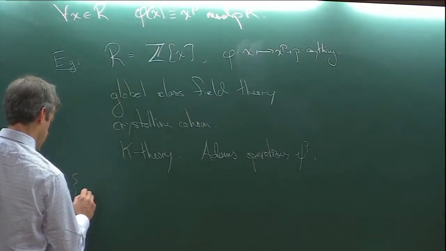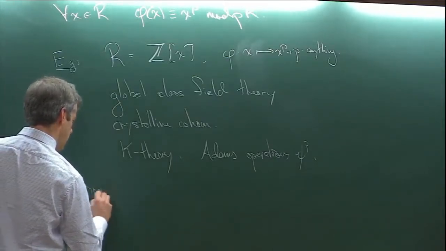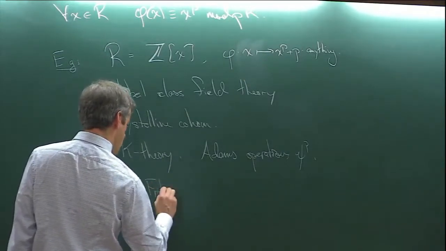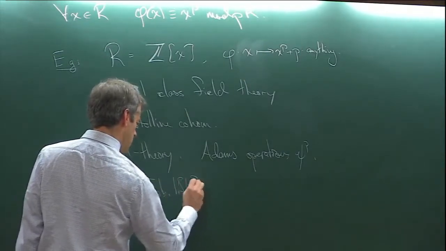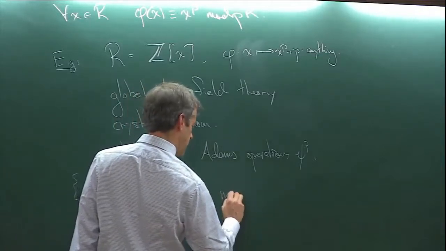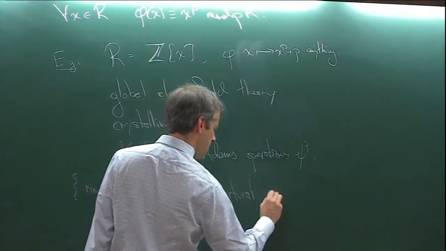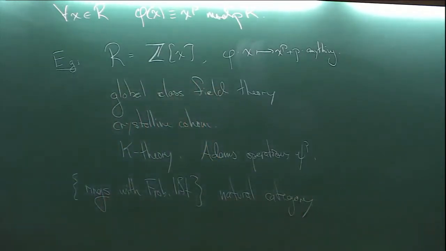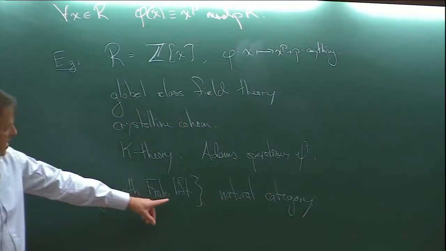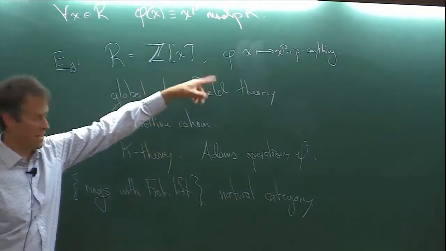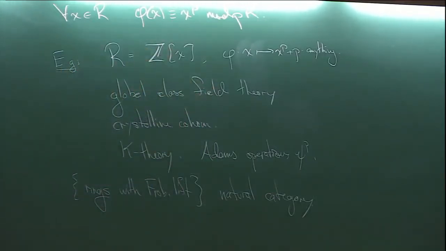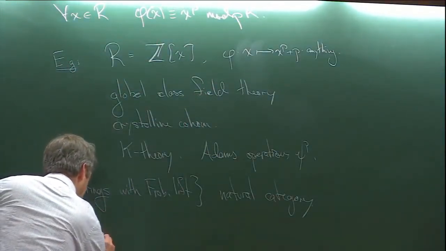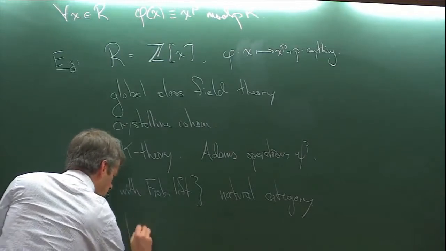You can look at the category of rings with Frobenius lift. This naturally forms a category. By that I mean the morphisms are just ring homomorphisms which are compatible with the given Frobenius lifts. But it's not a good category.